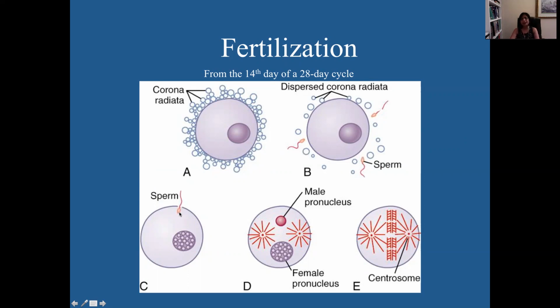The appearance of the sperm is a trigger for the completion of meiosis II in the secondary oocyte. Until then, meiosis II is stopped at metaphase II. You have to make a note here that only one sperm is allowed to enter.